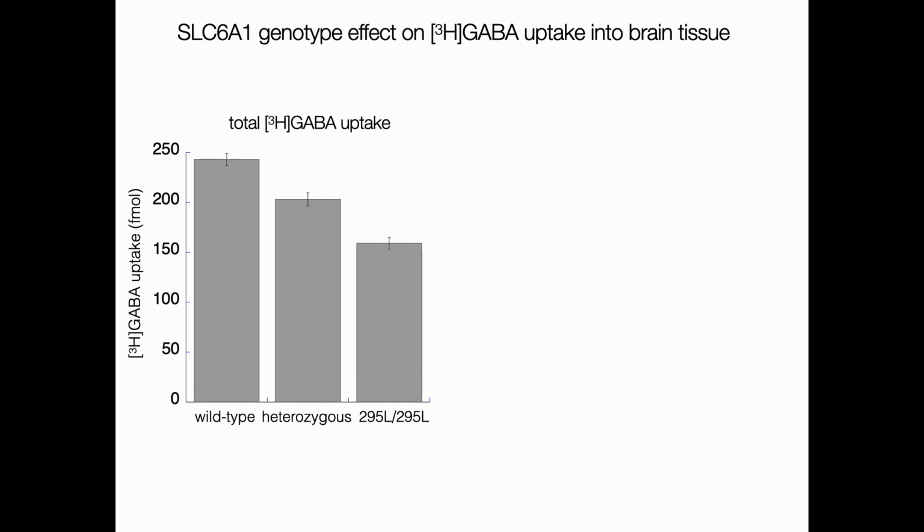The reason I'm showing you this is to give you a sense of what it means when you have a wild-type activity and then a heterozygous activity, which is intermediate between the wild type and the homozygous activity on the right. What's also interesting and a little bit surprising for us was that the total amount of GABA uptake that's lost in the homozygous mutant is really only about 30% of the total amount of GABA.